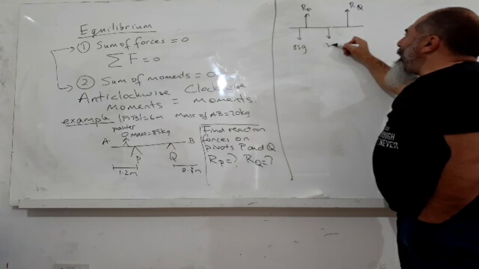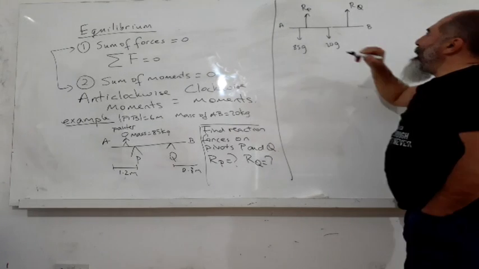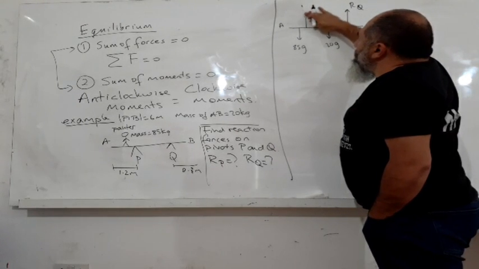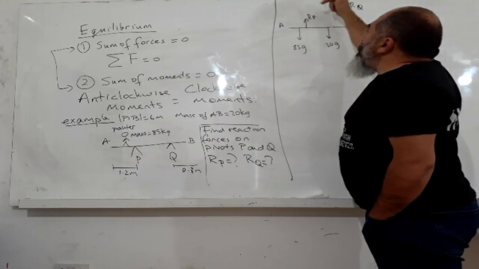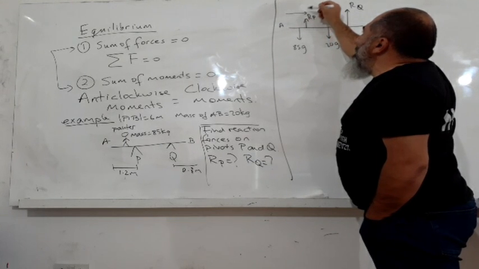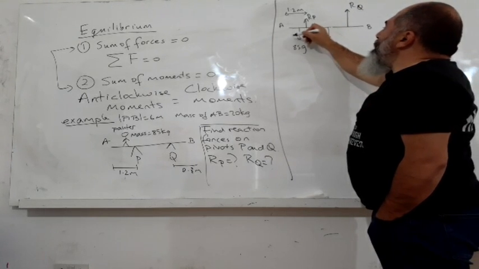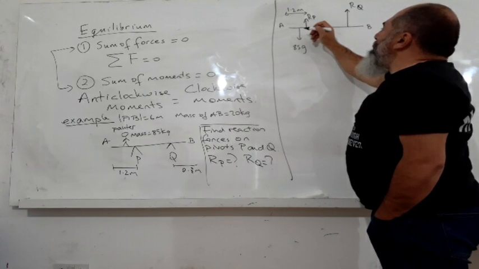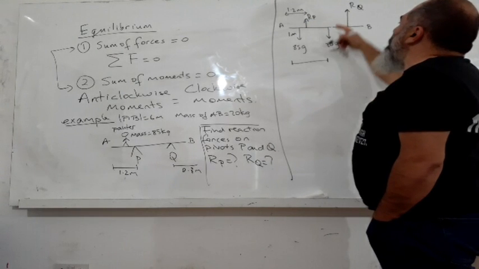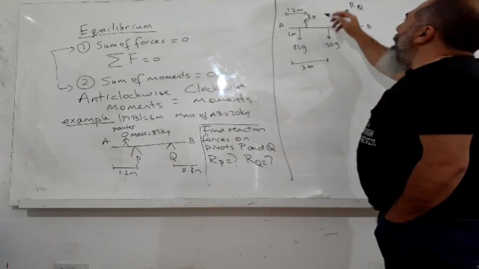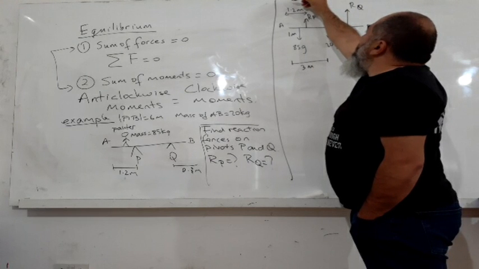This is point A, this is point B. The distance from A to RP, reaction force on P is 1.2 meters. From A to the painter is 1 meter. From A to the midpoint of rod is 3 meters. And from A to Q we had 5.2 meters.